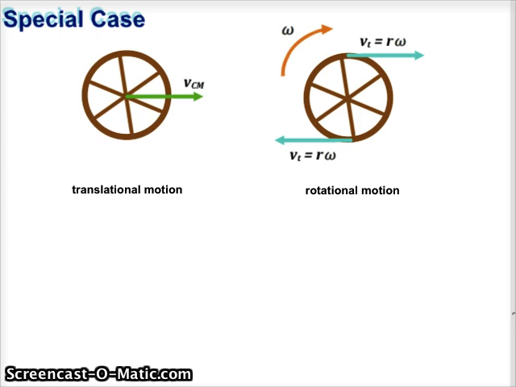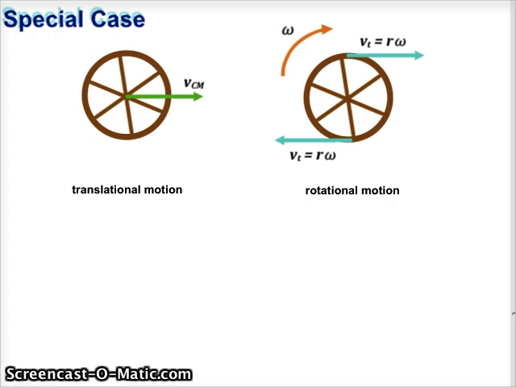It has translational motion, which we can describe here. We'll go from its center of mass and think about it having a velocity of that center of mass, v CM. But then because it is rotating, it would be rotating like this.